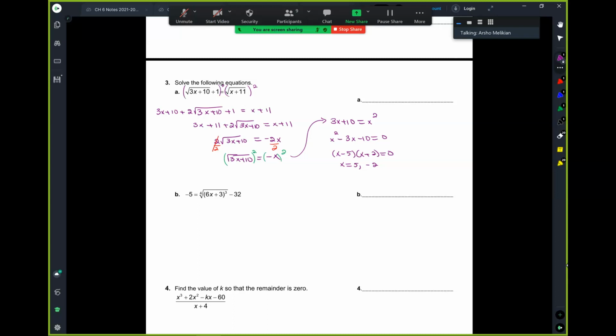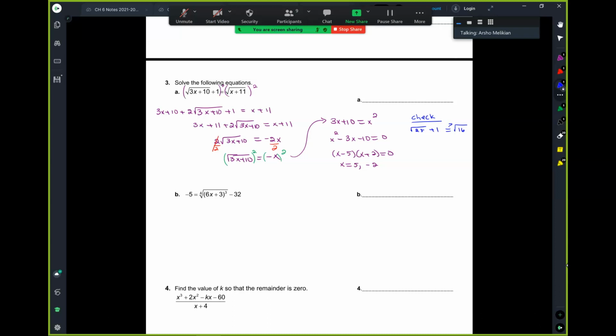Okay, so let's check. When x is 5, what do I get here? 5 times 3 is 15 plus 10, so root 25 plus 1. Is this equal to root 16? Is it?